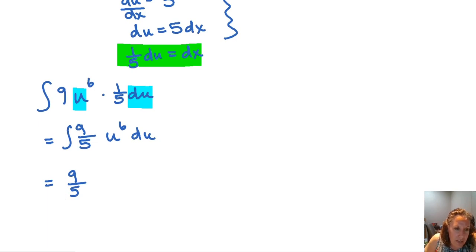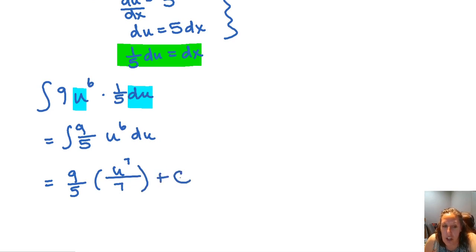The integral of 9/5 there is just a coefficient, and for the integral of u to the 6th du we're going to use that power rule. We'll get u to the 7th over 7 plus our constant of integration c, and we can combine those constants. So 9/5 times 1 over 7 is going to be 9 over 35.